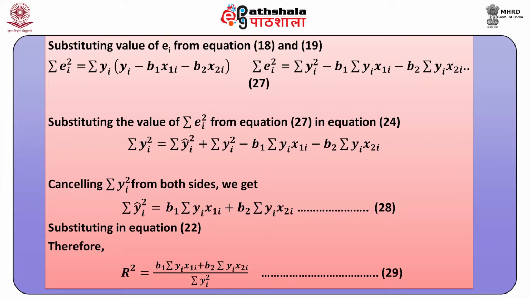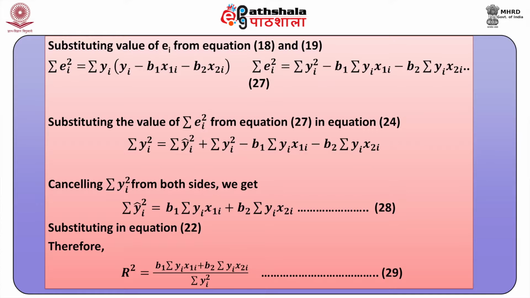Substituting the value of Ei from equation 18 in equation 19, sigma Ei square is equal to sigma yi into (yi minus B1 x1i minus B2 x2i). Sigma Ei square is equal to sigma yi square minus B1 sigma yi x1i minus B2 sigma yi x2i.